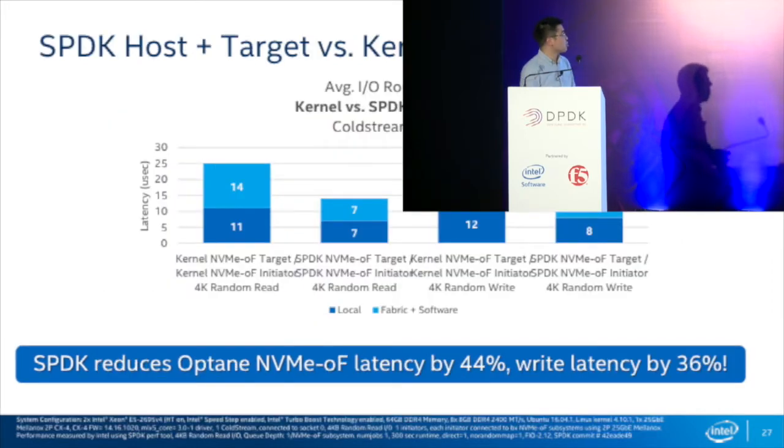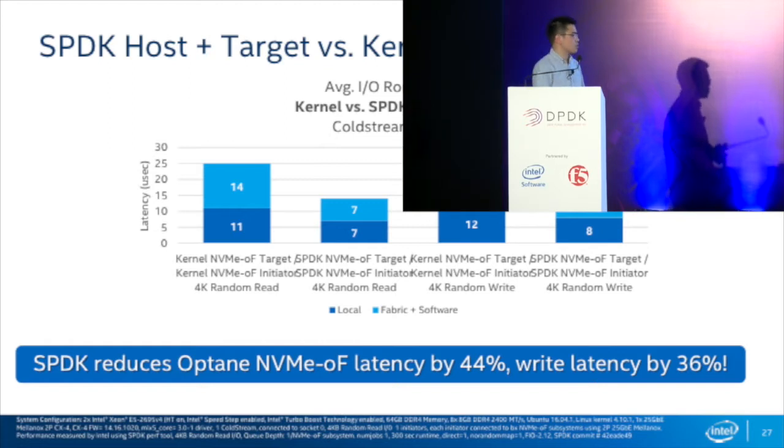And this page shows the latency comparison between the kernel NVMe-oF fabrics target and initiator solution with SPDK. You can see that in this diagram, we compare the I/O round-trip time. In the left part, it compares the real latency, and on the right, it compares the latency of the 4KB read and write workloads.